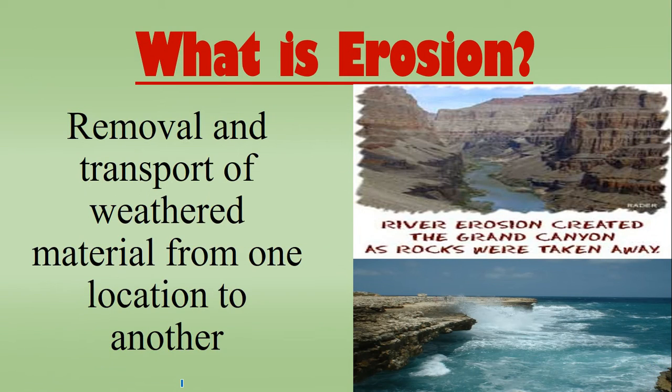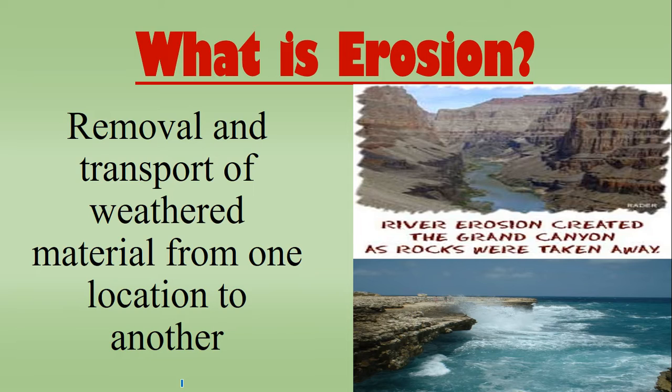So what is erosion? Erosion is the removal and the transport of weathered material from one location to another. First, you have to weather the material, and that's what the last video I did talked about. Now we take those weathered bits of the rock and we move them from one place to another, and that's called erosion.